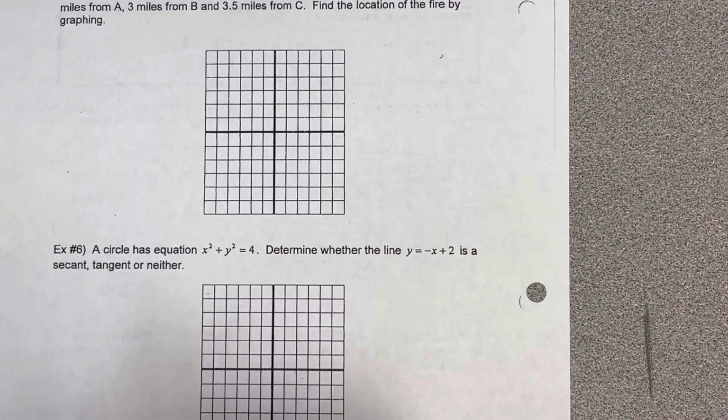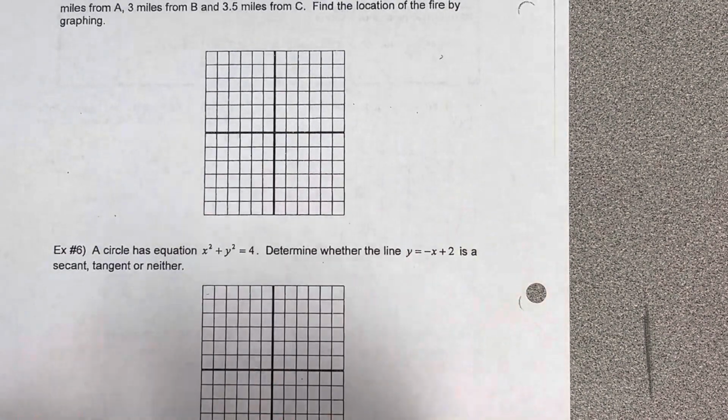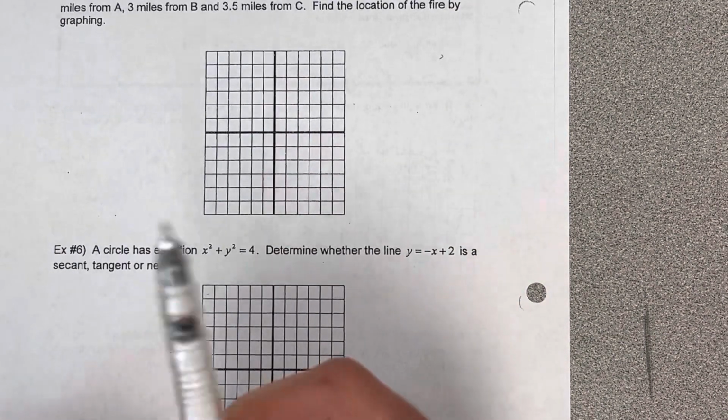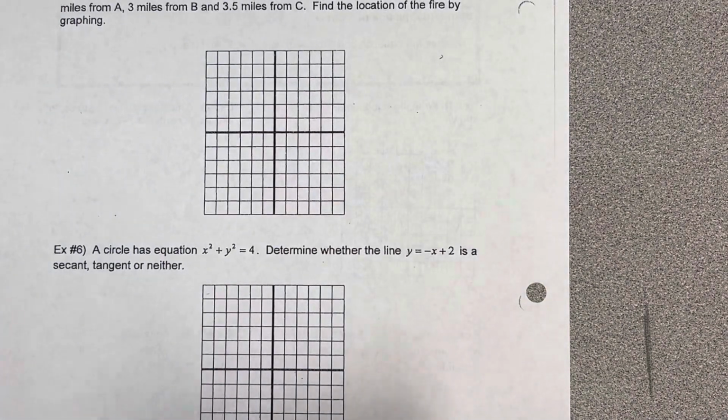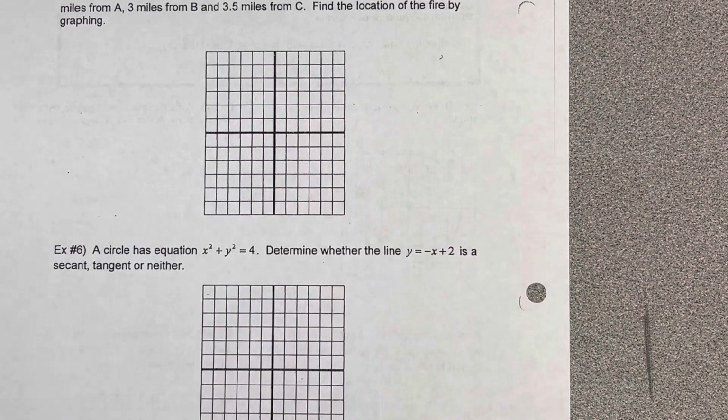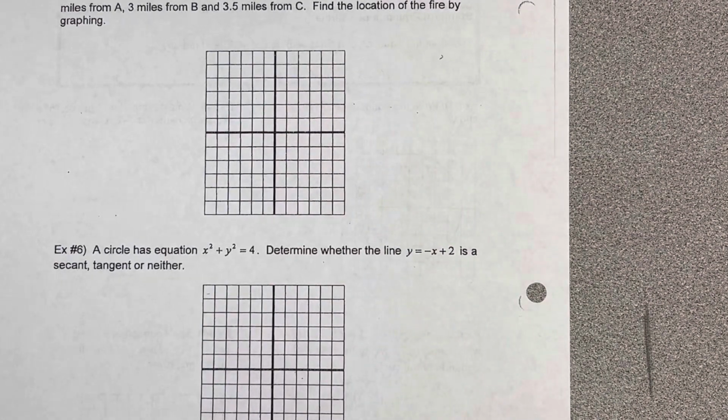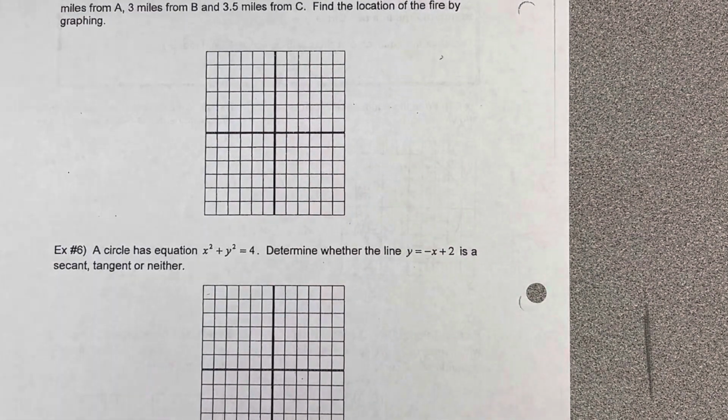So we've got a word problem of sorts. 3 forest ranger stations are at A, B, C. A fire is 2 miles from A, 3 miles from B, and 3.5 miles from C. Find the location of the fire by graphing. All right.